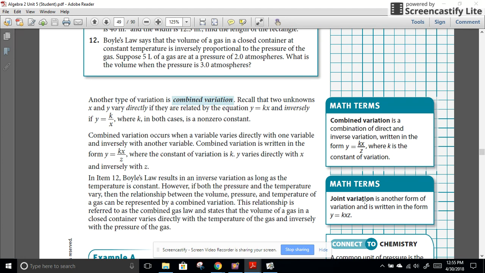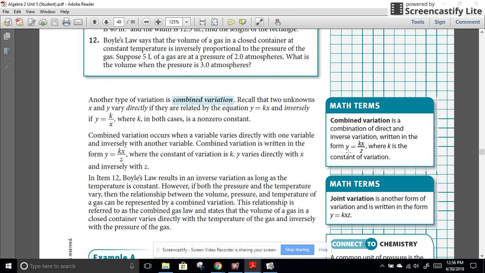Here's another one. Joint variation is another form. This means that we've got 2 different things, X and Z right there, both varying directly with Y. Now, how do I know that? Because they're being multiplied times K. So over here, X is varying directly, Z is varying inversely.